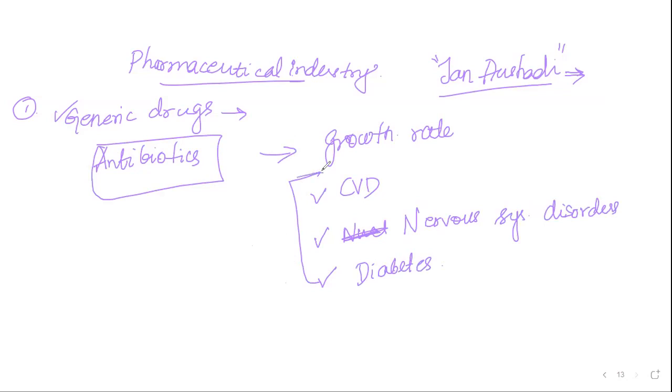What can you say about these diseases? What sort of diseases are they? They are not communicable diseases, they are non-communicable diseases, NCDs. There is an increasing growth rate of this.